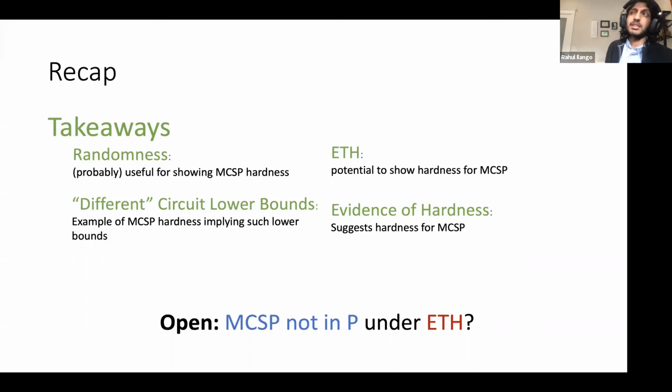And they think that if you can't do much better than brute force on a version of MCSP, then exponentially strong one-way functions exist or something like that. So, I'm not totally sure if they went through and did the work or checked everything, but there's the possibility that how well you're able to beat brute force on MCSP is related to how strong of crypto we can get.